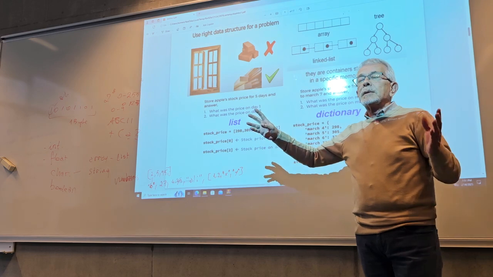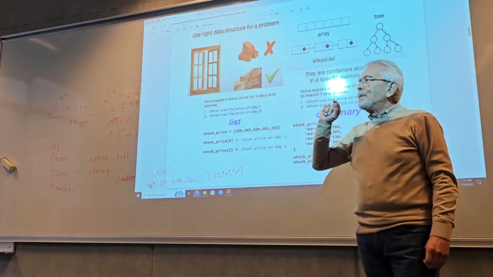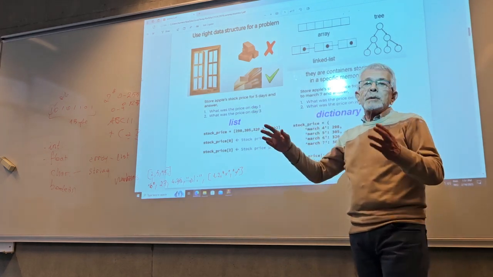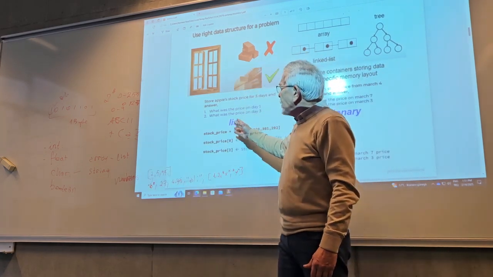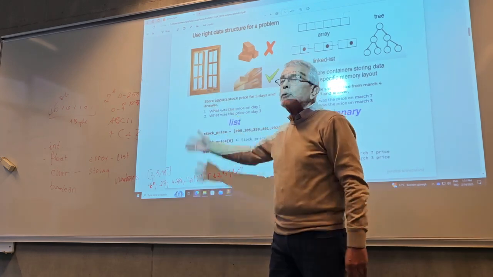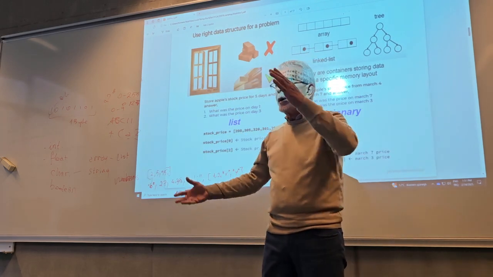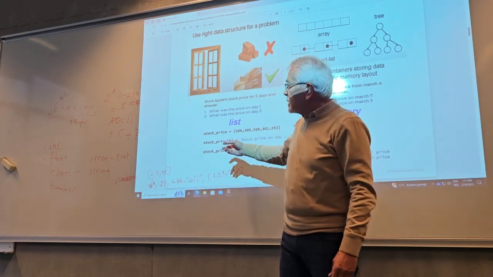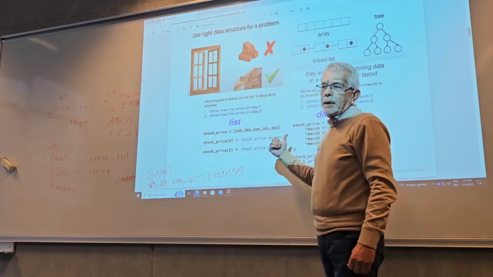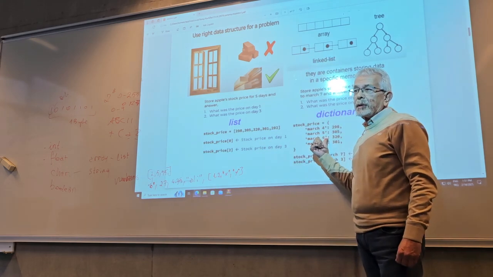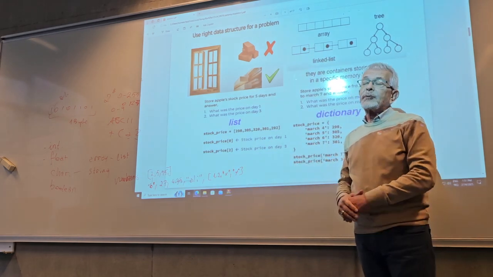In what means? In the search or retrieval means, okay? Assume that you have a list of, let's say, millions of items. If you use list structure, it really takes time. But in the dictionary data structure, it is much faster.